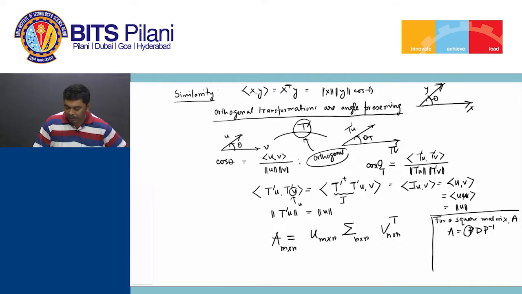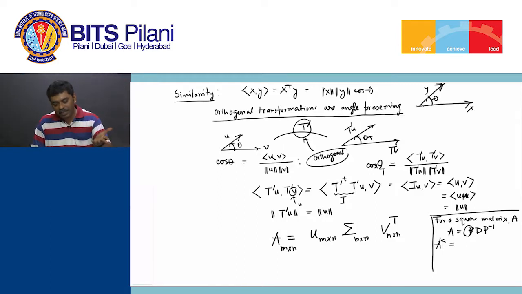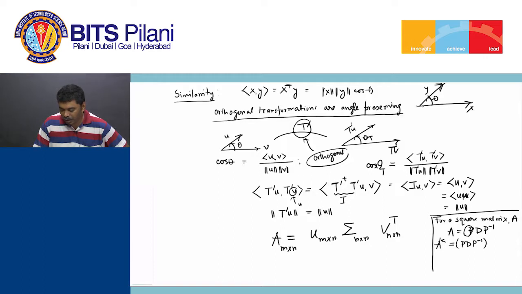One of the advantages of doing this is that if you know you can decompose your matrix in this fashion, it's a piece of cake to compute any power of the matrix. For a quick recap, A to the power k is nothing but this matrix multiplied with itself k times. It's easy to see that you will have P D P inverse, then P D P inverse, k times.